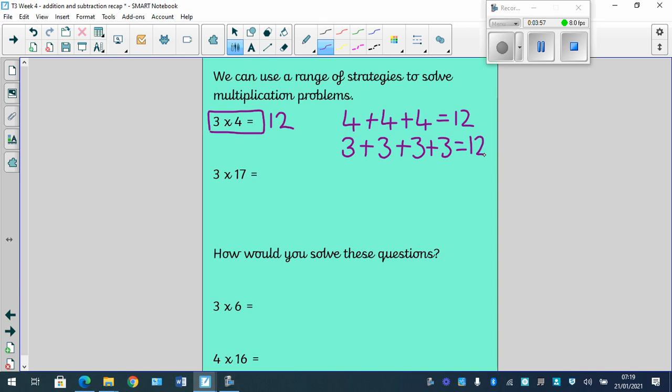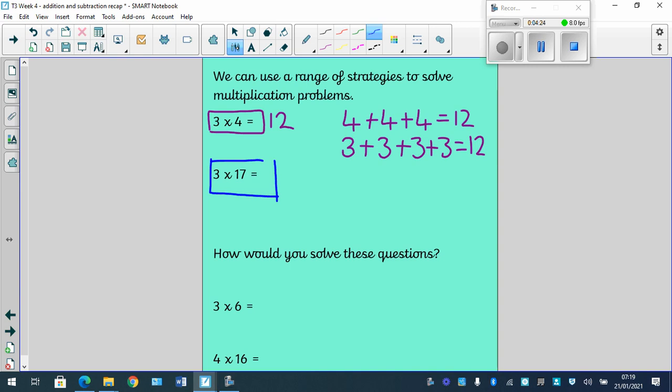Okay? Now then, let's move on to the next question. 3 multiplied by 17. If I wanted to do an array, my array would be huge. It would take over the whole page, so I don't think that's the best method. And I could add 17 up 3 times in column addition if I wanted to, but I'm going to revise my skills from last week and do a little bit of column multiplication.